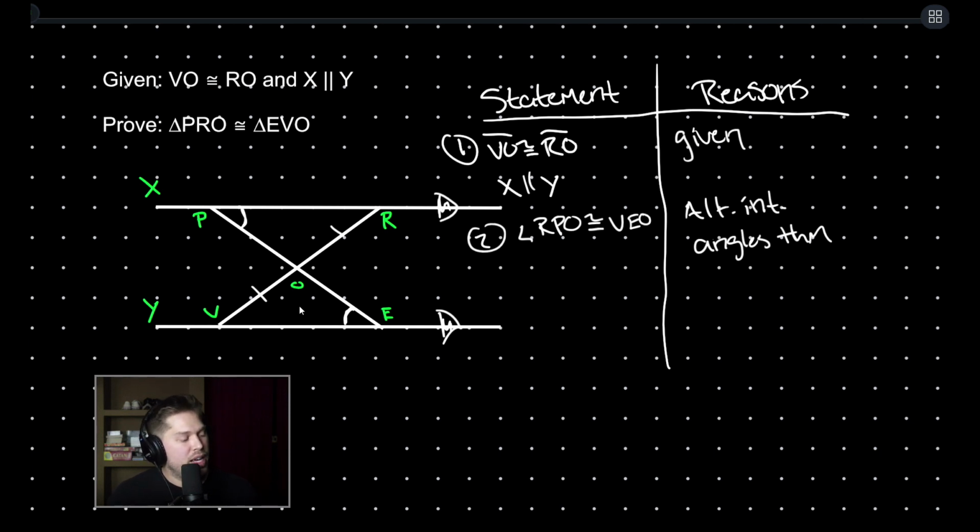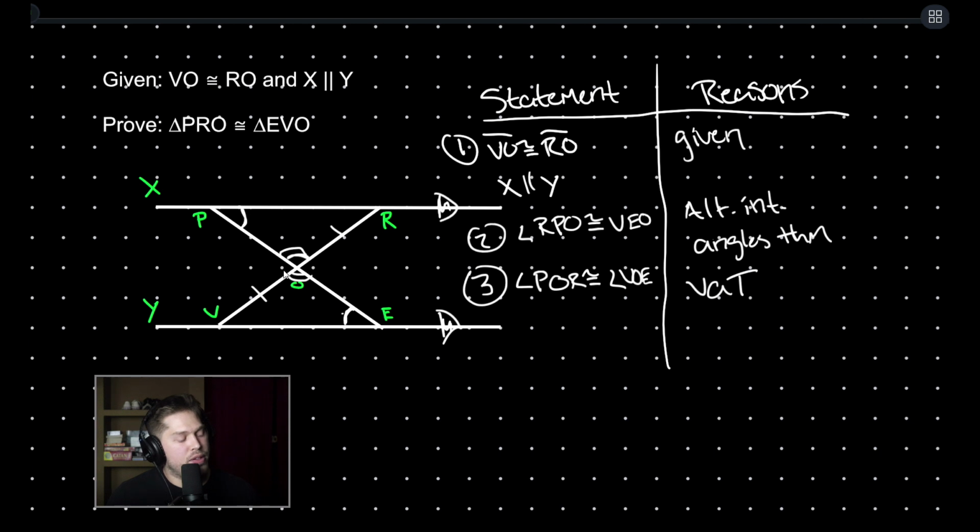Excellent. And then also, what do I got here? I got a vertical angle. We can say that angle POR is congruent to angle VOE by vertical angle theorem.